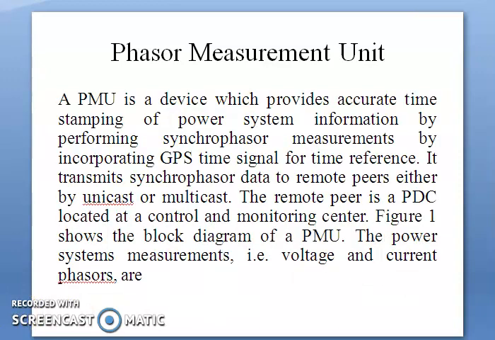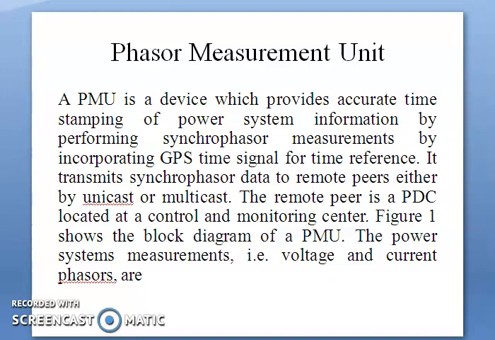Also, a phasor measurement unit is a device which provides accurate time stamping of power system information by providing synchrophasors. We have seen synchrophasor measurements by incorporating GPS signals, time signals for time reference. It transmits synchrophasor data to remote peers either by unicast or by multicast.